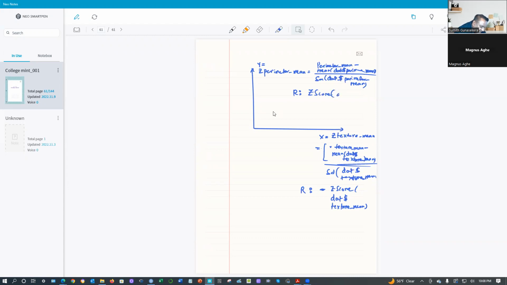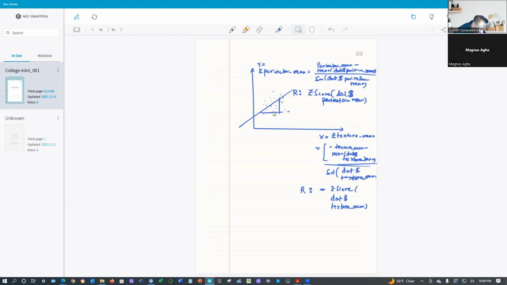When you draw this, for something like that, with the perimeter and the dollar sign, perimeter mean, when you do it like that, this slope is r.